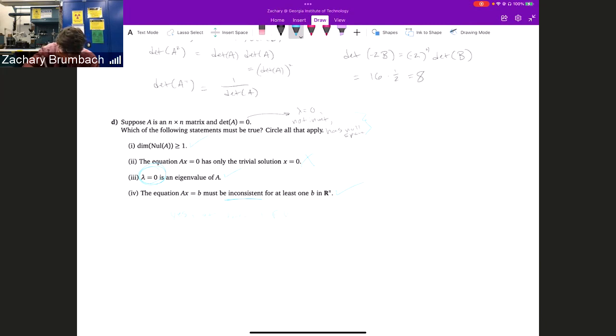One free variable, which means A isn't onto, right? Because it's square, that means it's missing a pivot somewhere. So it can't span the whole space. So there's something missing. So since we can't get everywhere, we know there's a b outside of the span. So it must be inconsistent for something.